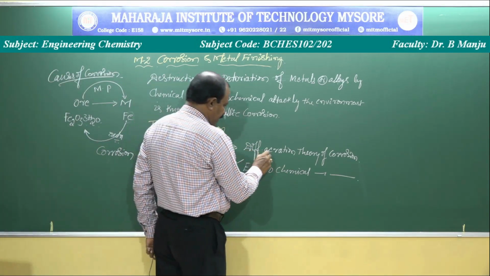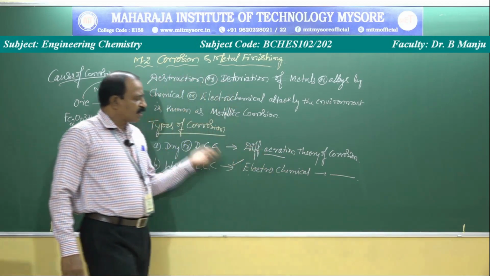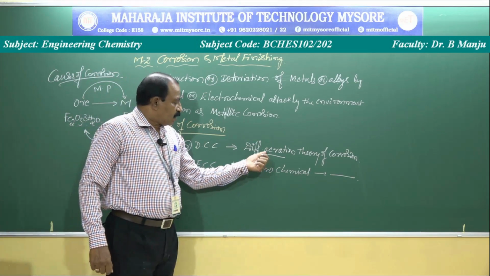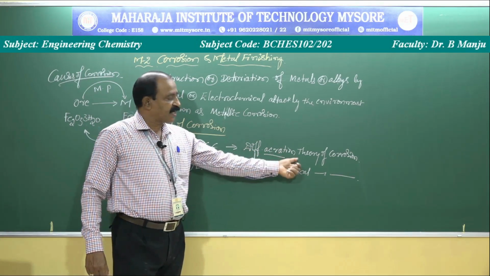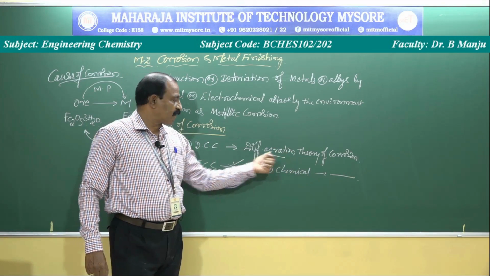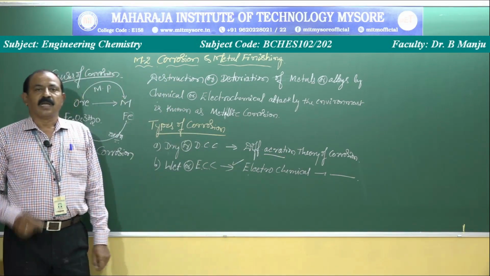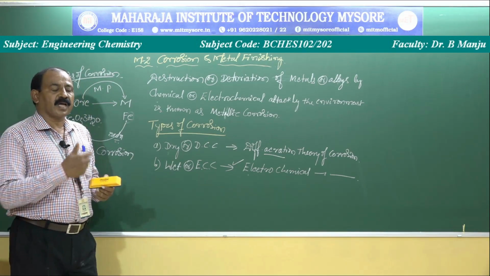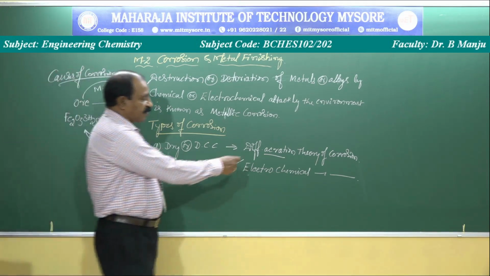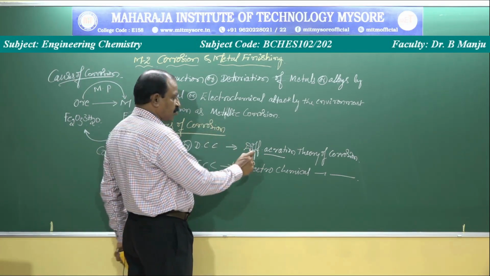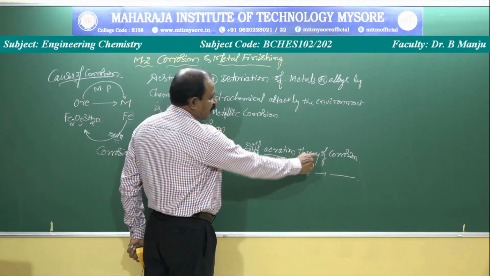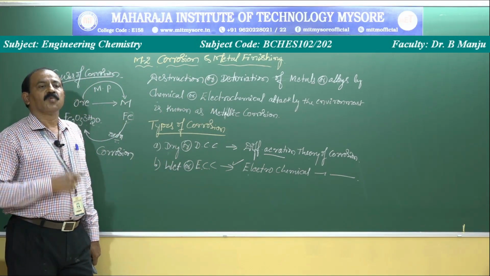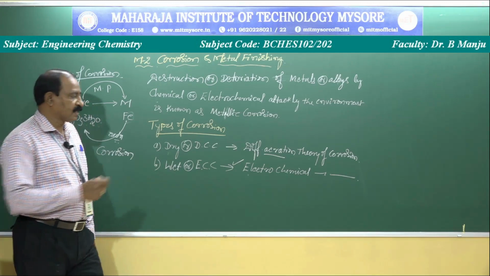Now we come to the differential aeration theory. To understand the further classification of corrosion types, you need the basic concept of differential aeration theory. The concept is that a less oxygenated surface acts as anode, and a more oxygenated surface acts as cathode.